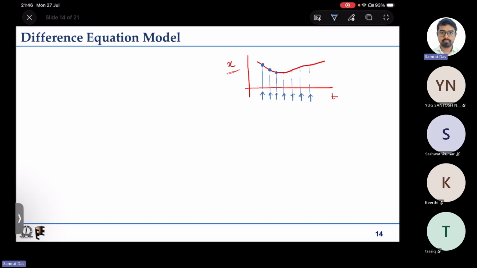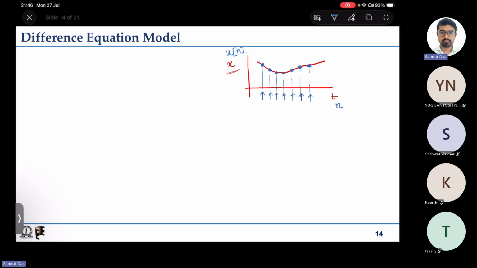These will be the values which will only be defined in the discrete form of the signal. So, x n, where n is the sampling instance.